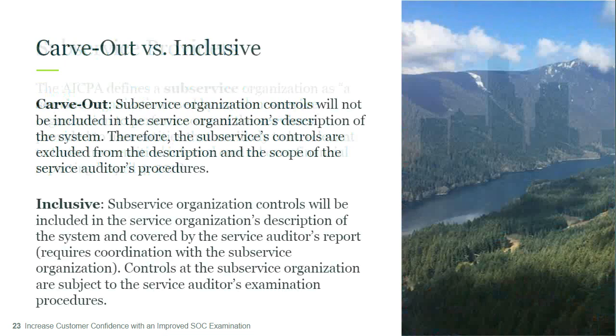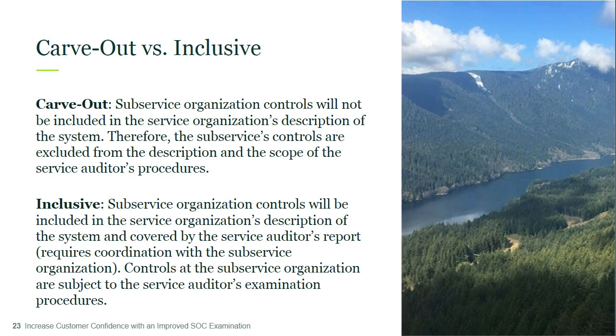So the next concept we're going to talk about, related to a subservice organization, is two concepts known as carve-out versus inclusive. If we're using the data center example that I shared earlier, the carve-out method would say that those controls that the data center is responsible for will not be included or in scope of the report.